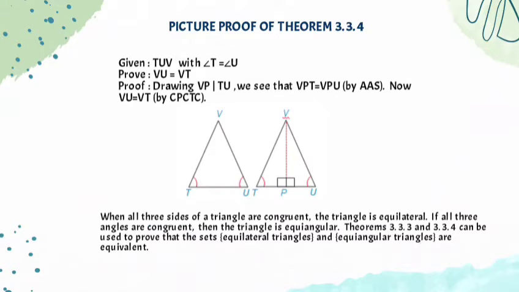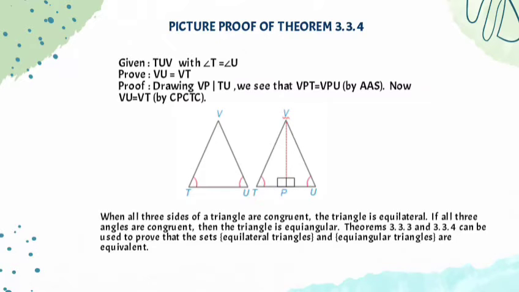Given triangle TUV with angle T equals angle U, see Figure 3.34A. Prove VU equals VT. Proof: drawing VP and TU, we see that triangle VPT is congruent to triangle VPU by AAS. Now VU equals VT by CPCTC.